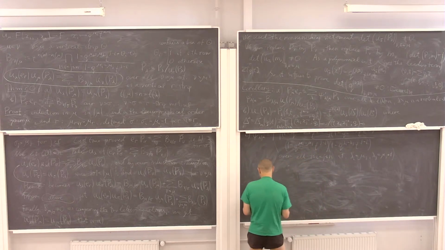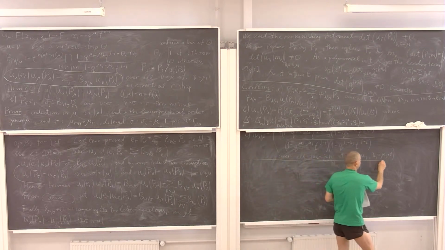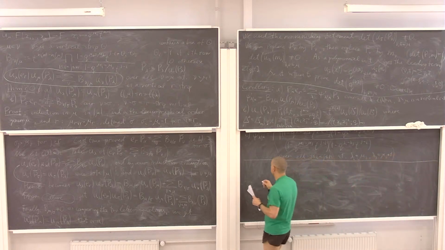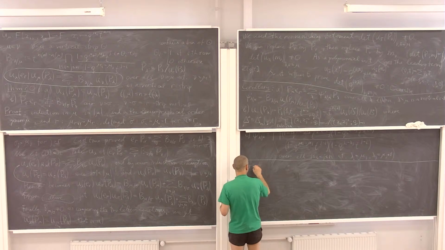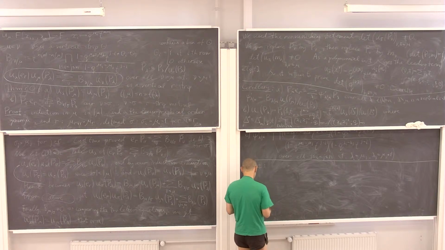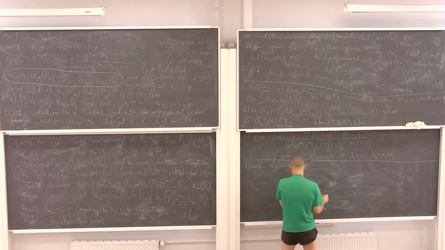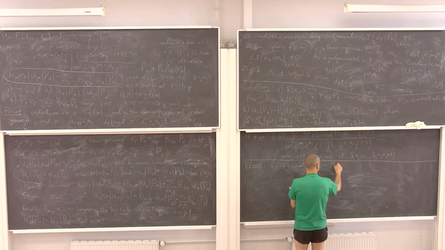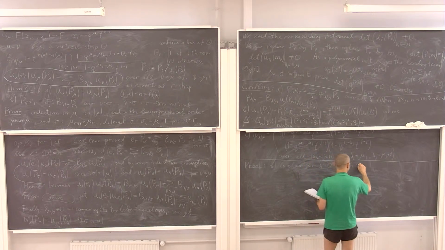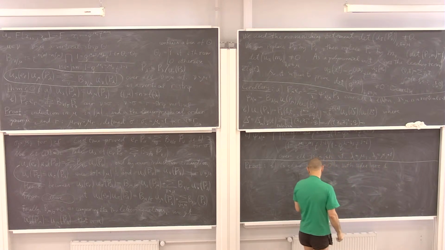Okay. So as I said, A is an immediate reformulation of the theorem, and let's prove B. So it is clear for lambda equals 0, and both sides are just 1. Nothing to prove.